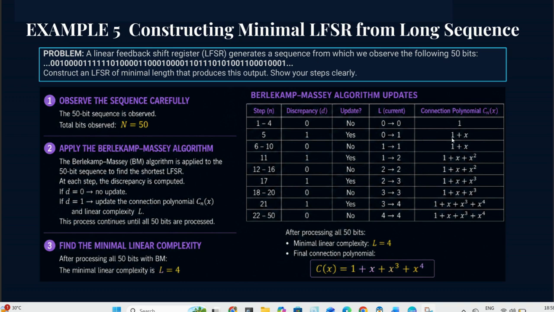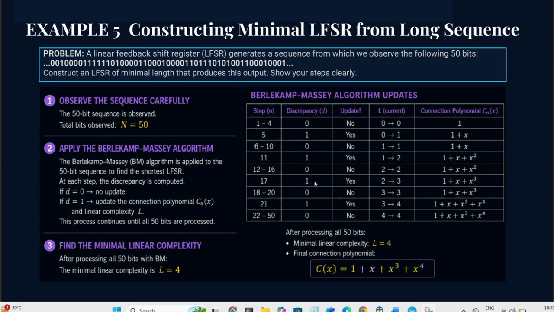This means the current polynomial cannot predict the sequence anymore. Therefore, the algorithm updates the connection polynomial to 1 plus x. Now, the linear complexity changes from 0 to 1. At step 11, another discrepancy occurs, again D equals 1, so the polynomial is updated to 1 plus x squared. Now, the complexity becomes L equals 2.